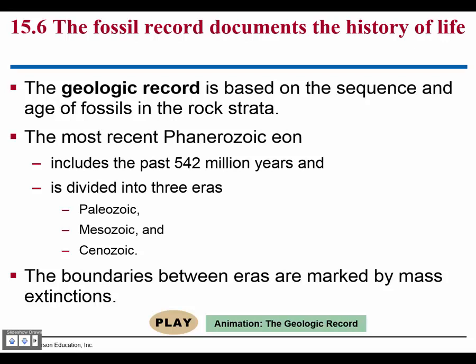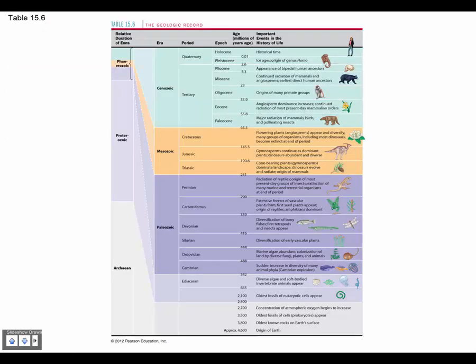So when we look at the geologic record for the most recent Phanerozoic eon, that's the past 542 million years. We divide that into three eras: the Paleozoic, Mesozoic, and Cenozoic. The boundaries are marked by mass extinctions. So we've had a lot of mass extinctions going on. Remember that.